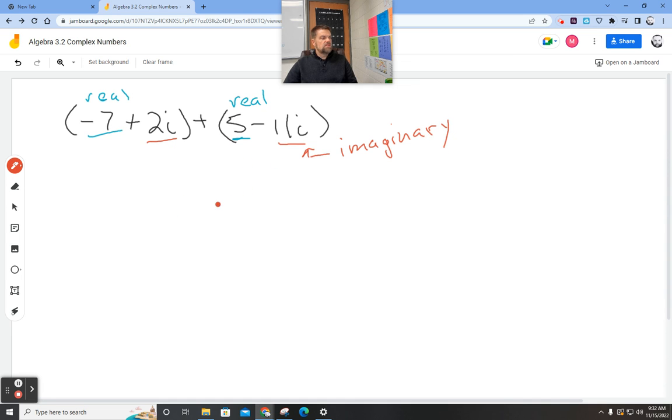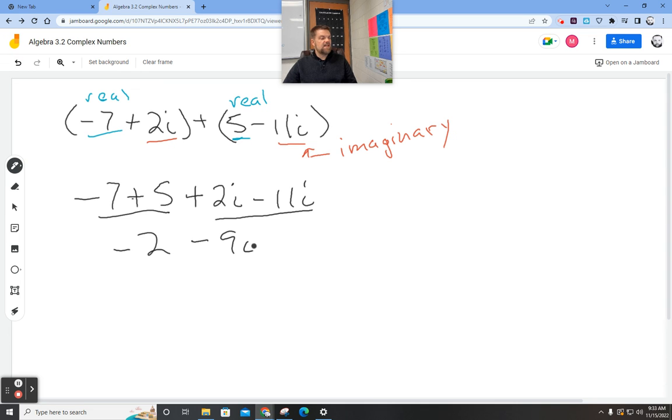Okay. So I'm going to say -7 plus 5, plus 2i minus 11i. Combine like terms, these are the real numbers, so I get -2. And combine like terms there, and then I get negative 9i. And that's the final answer. Any questions on that?